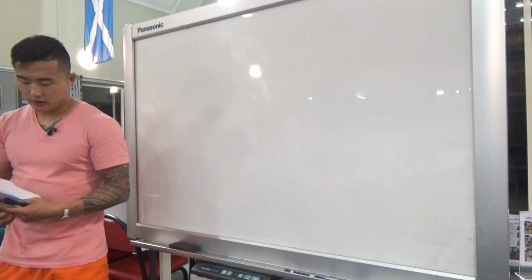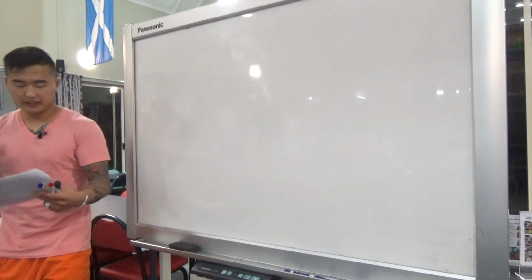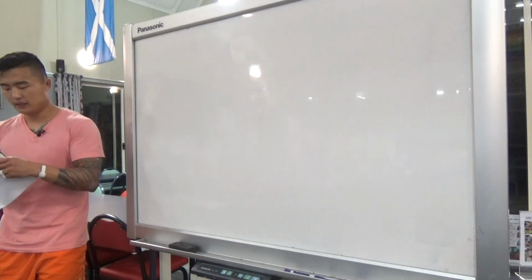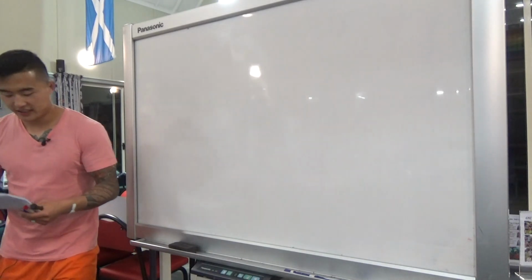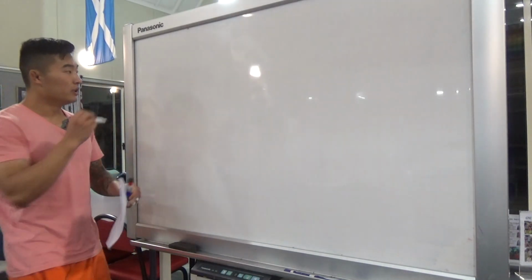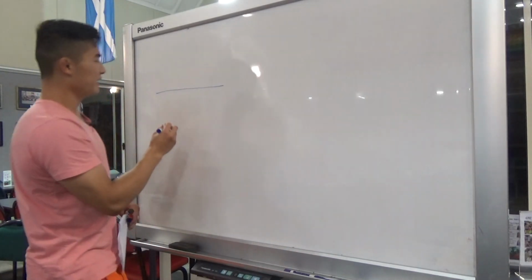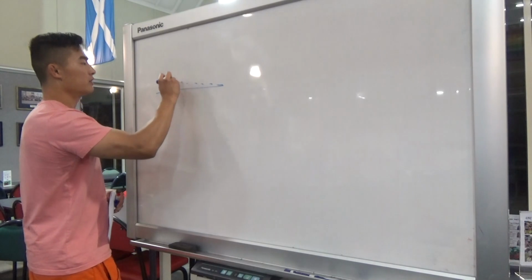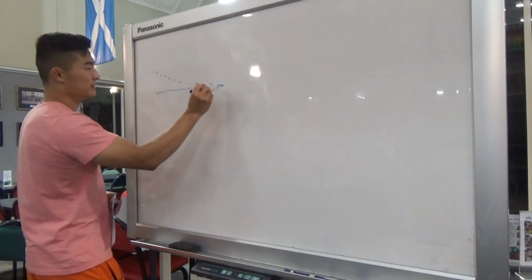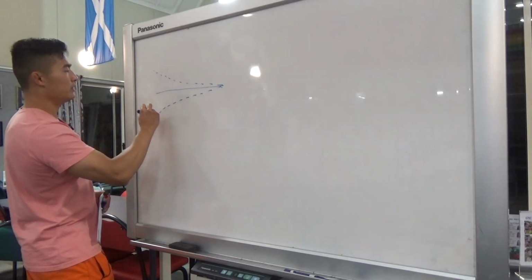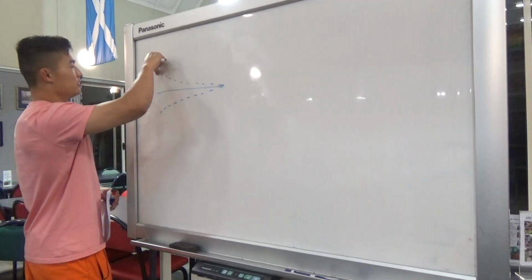So I won't go into the details of it. I'll just show you how to solve this. Let's say this is our branch here when it's straight, and then this is the branch at maximum curvature.